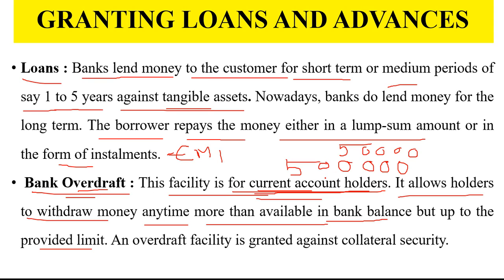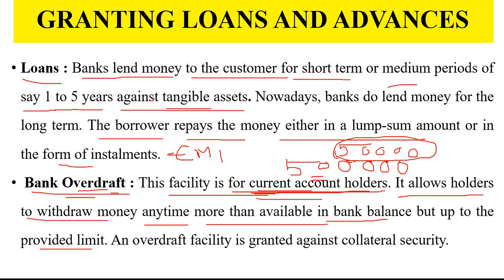It means more than your initial amount, you are taking 50,000 rupees more from the bank. That is overdraft. Over and above the 5 lakh rupees, you are taking the facility of 50,000 more from the bank. That is the overdraft facility, and it is only given to current account holders.